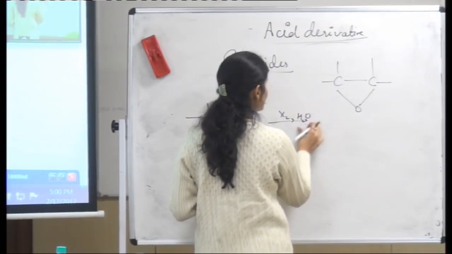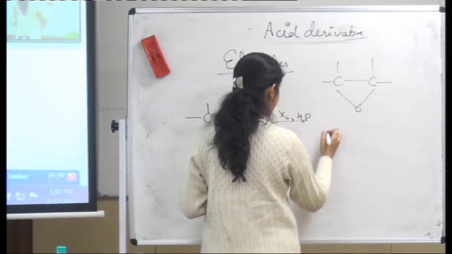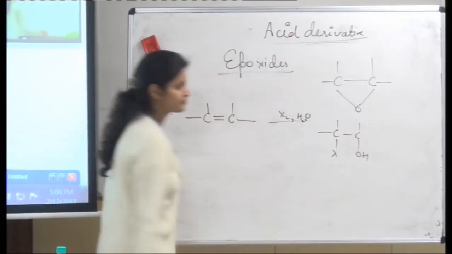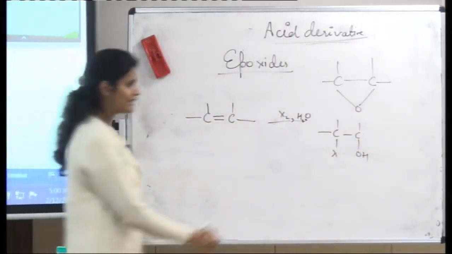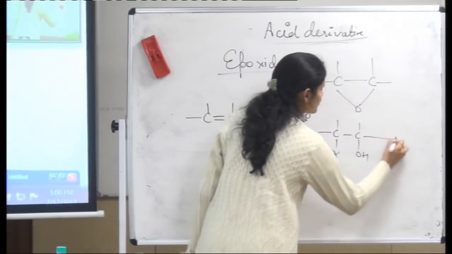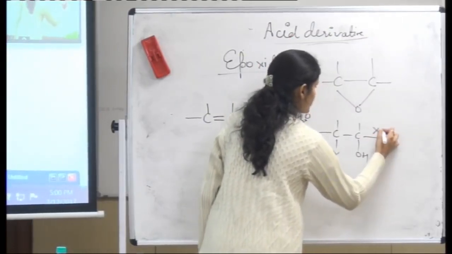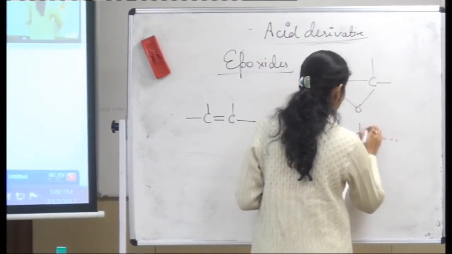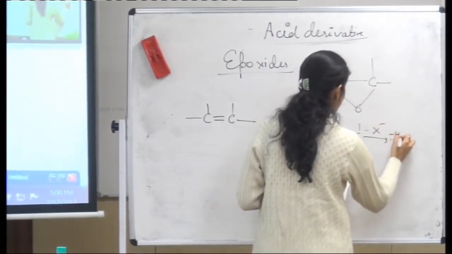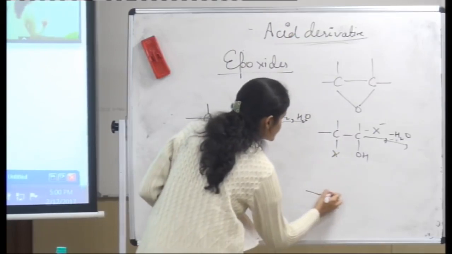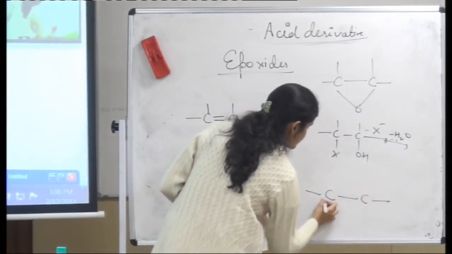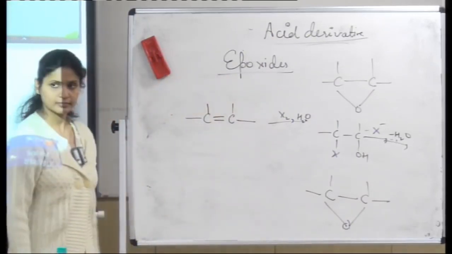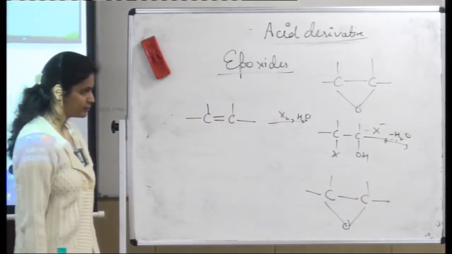So I can use X2/H2O, that means I am halogenating it to form a halohydrin, C(X)-C(OH), and then I will remove X minus and H, that is HX, to form the epoxide.